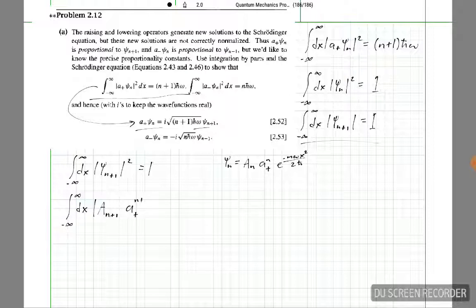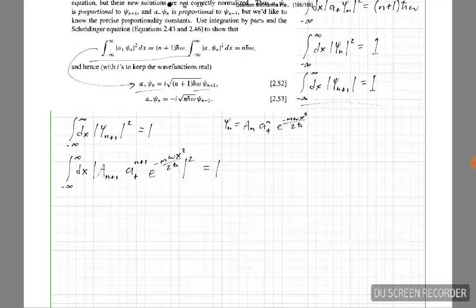Raising operator applied n plus 1 times. And then times my ground state wave function. And I know all of that equals 1. Now, I'm just going to simplify this in a very, very simple way. And that's knowing that this raising operator applied n plus 1 times, I could also write like this.